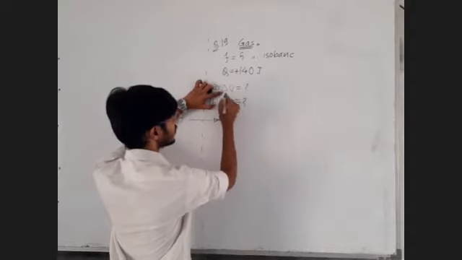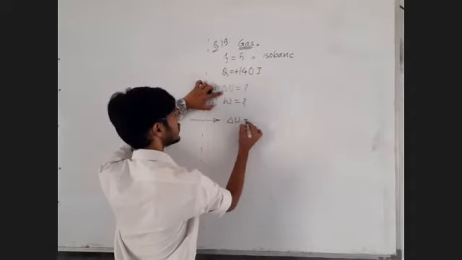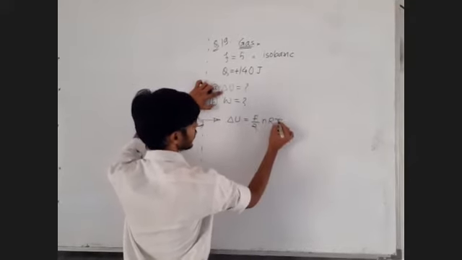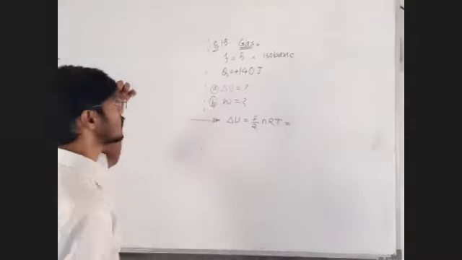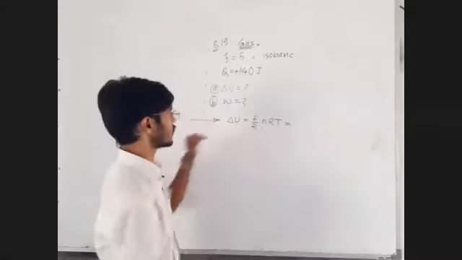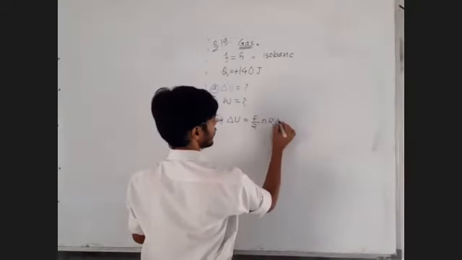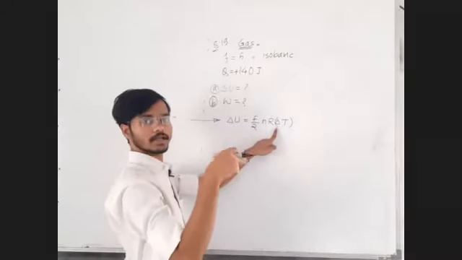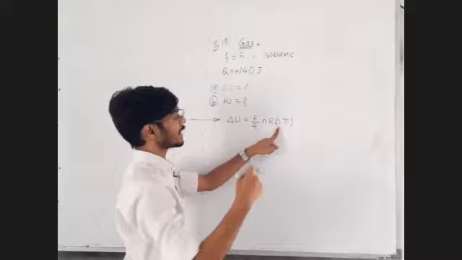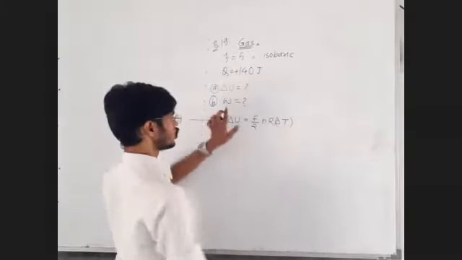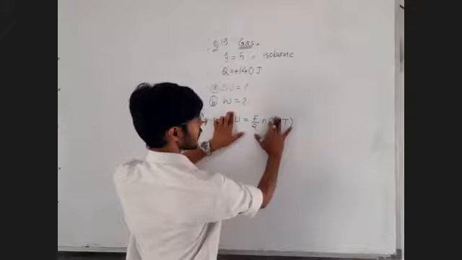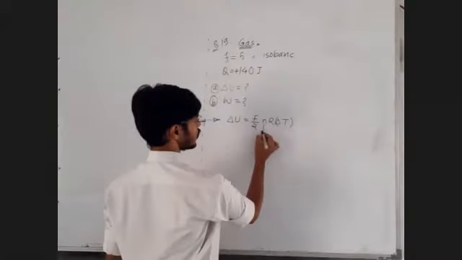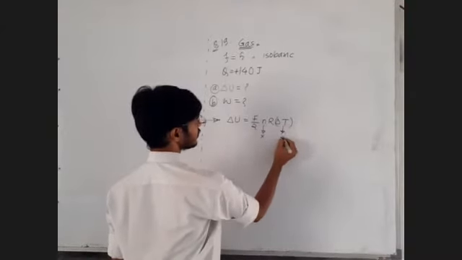Yes, internal energy of a gas is f by 2 nRT. If you want delta U, then it is f by 2 nR delta T. But sir, the value of n we are not given, and the value of delta T we are not given.